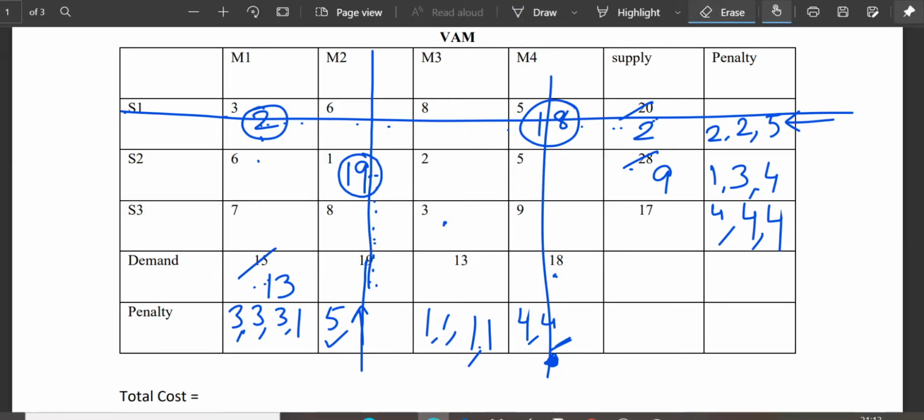Now choose the largest penalty. See, I have 1, 1, 4 and 4. Out of these, the largest one is 4, which can be this 4 and which can be this 4. Suppose I take 4 corresponding to this S2. Then I will make my entry in this 2 here. For 2, I have demand as 13 and supply as 9. So 9 should come here.